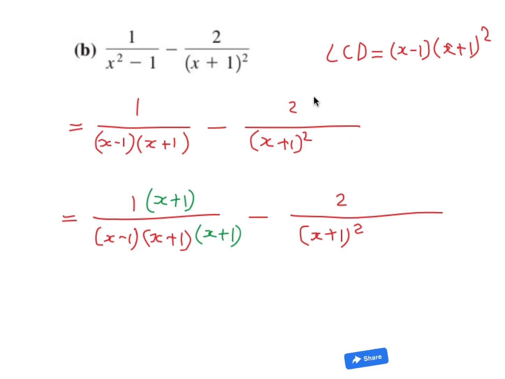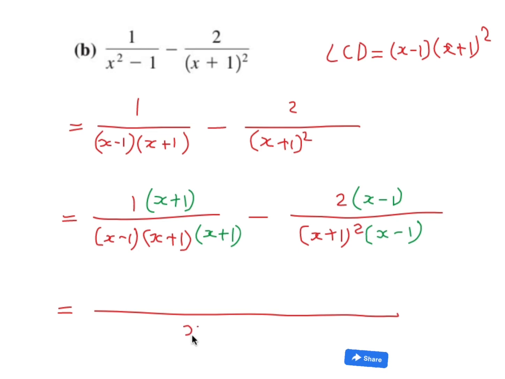So here multiply with x minus 1, x minus 1. So here x minus 1 and x plus 1 whole square, now the same denominator, so we can easily subtract the numerators.